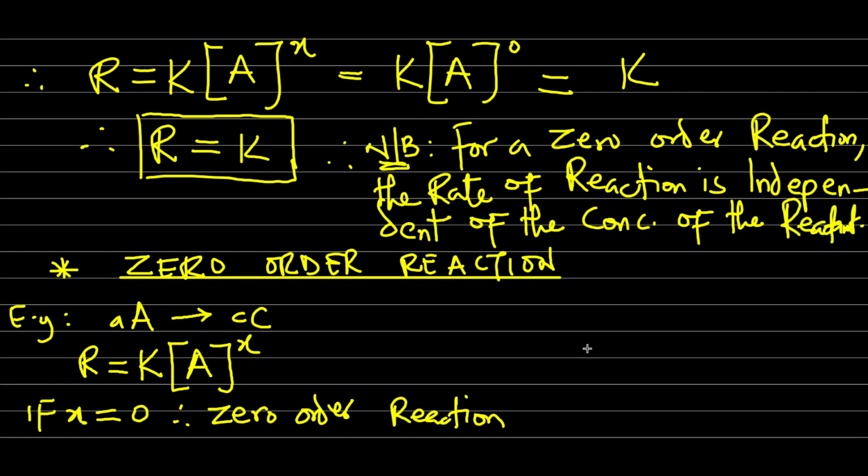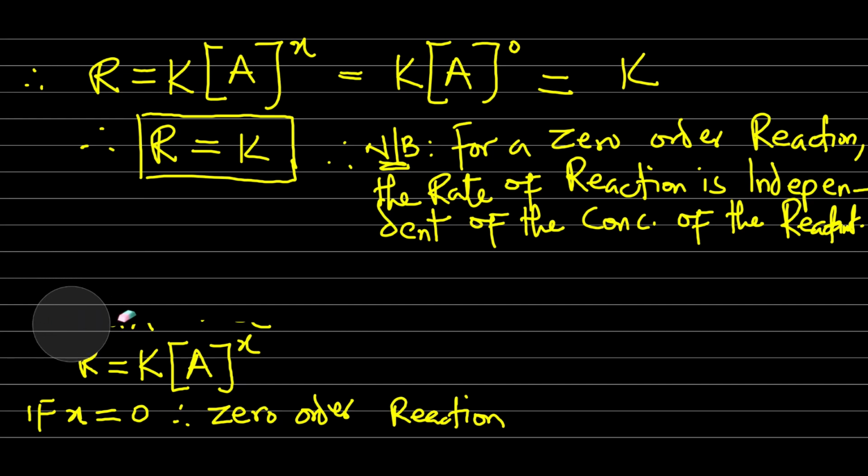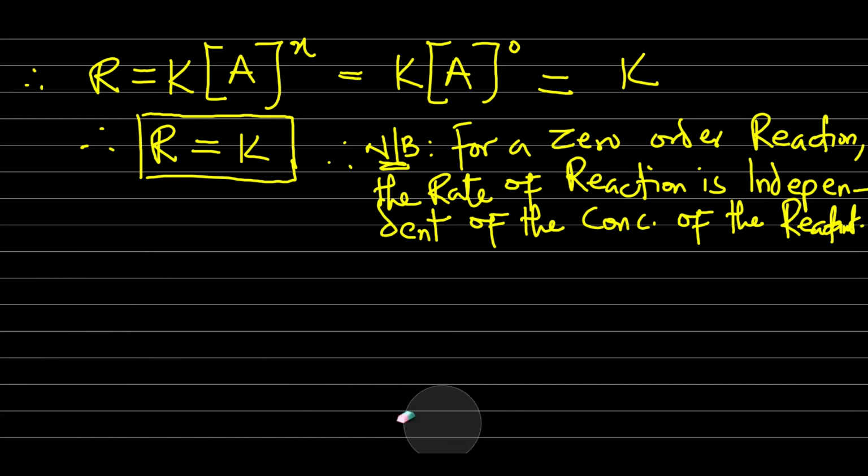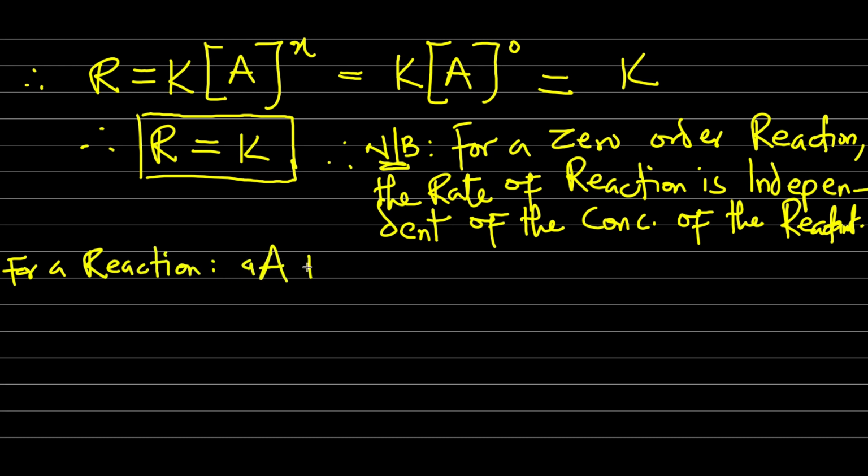Okay, what if we decide to derive the zero order reaction for a reaction that has two reactants? Now we have two reactants here.